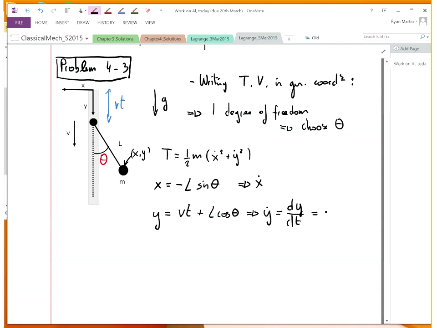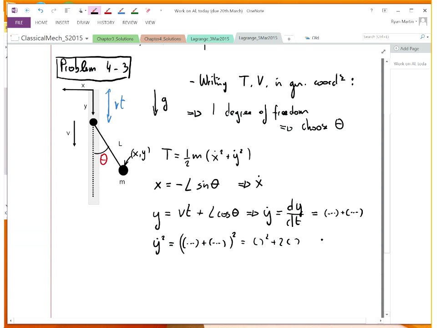Okay, so then the y dot term is going to have 2 terms in it, right? And so ultimately you're going to need y dot squared, and so that's going to be something squared, right?